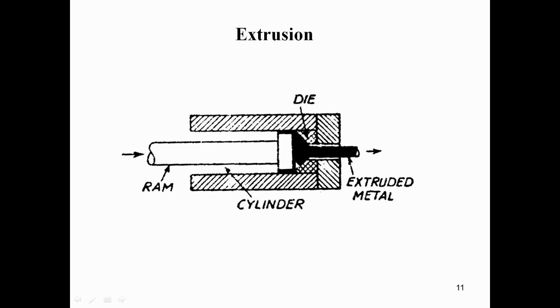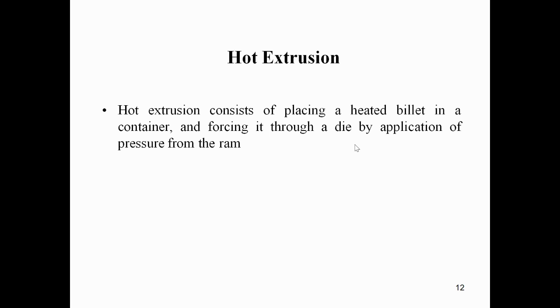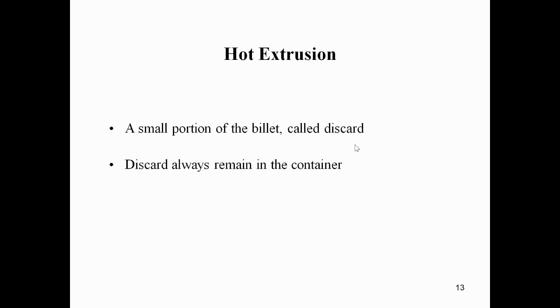It passes through the die, and this will be the extruded metal which comes out through the die. So hot extrusion consists of placing a heated billet in a container and forcing it through a die by application of pressure from the ram. Already we discussed all this.